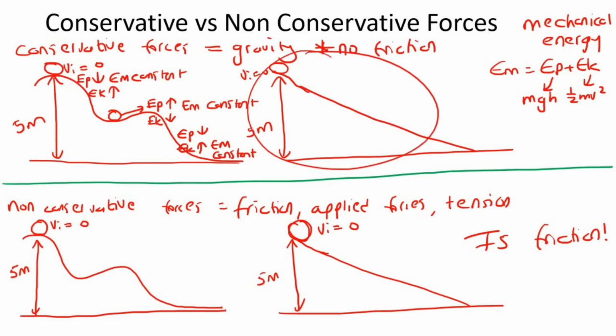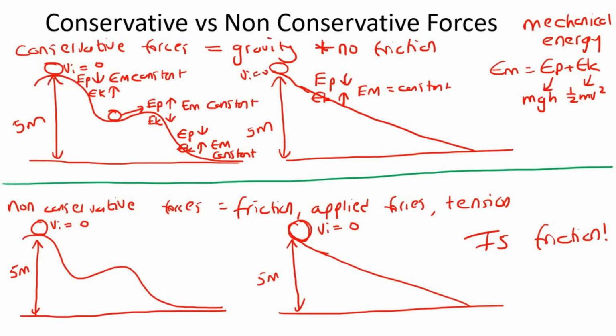Now over here, the same thing will happen. As you start going down the hill, the potential energy will begin to decrease and the kinetic energy will begin to increase and your mechanical energy is constant.